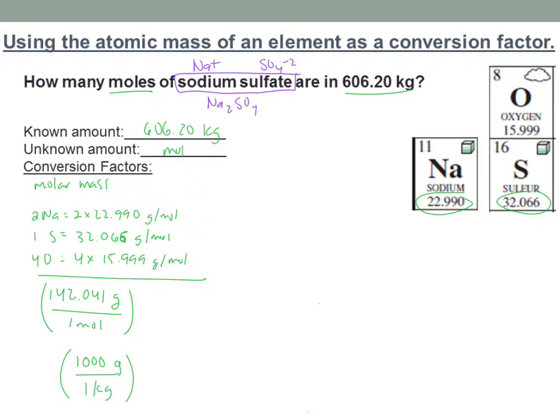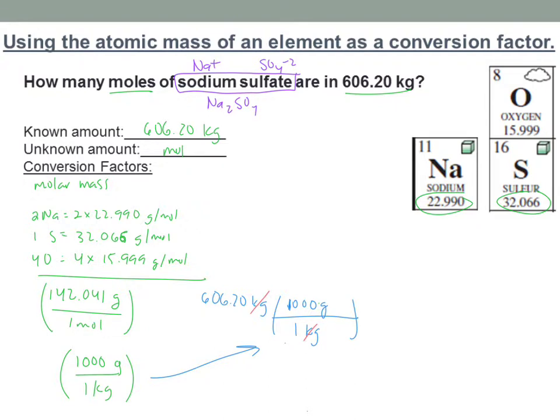And then last, we just need to put it all together. Start with your starting amount, 606.20 kilograms. That means I need my kilogram unit to be in here. I'm just going to leave this conversion factor as it is, with 1,000 grams on top. My kilograms cancel out, so now I'm in grams.